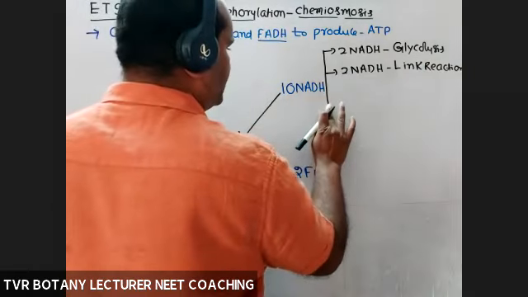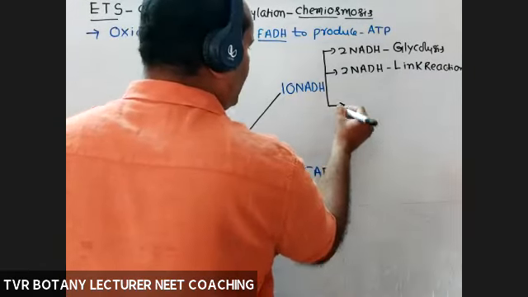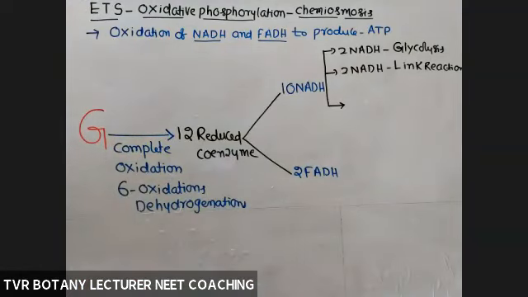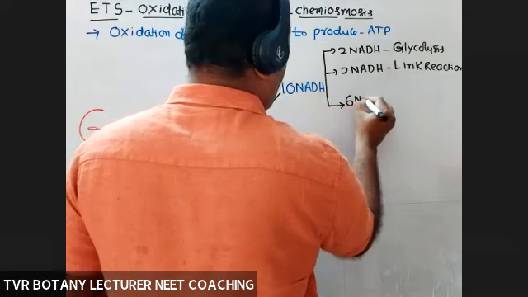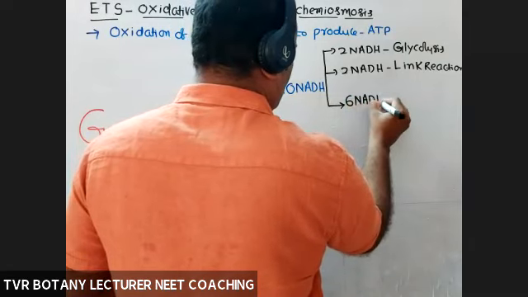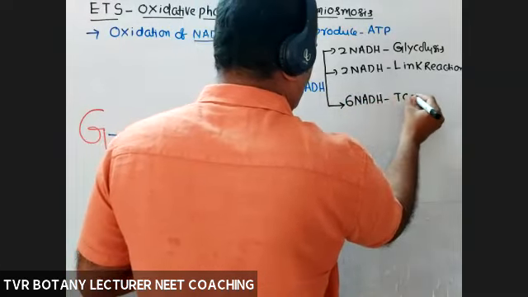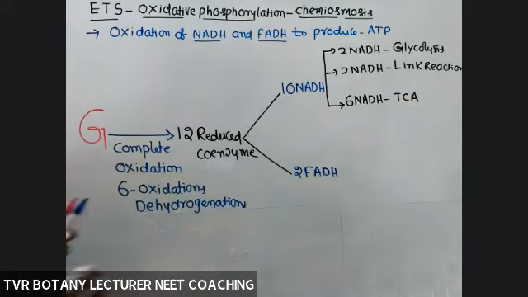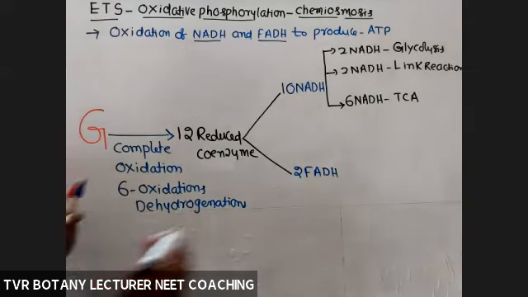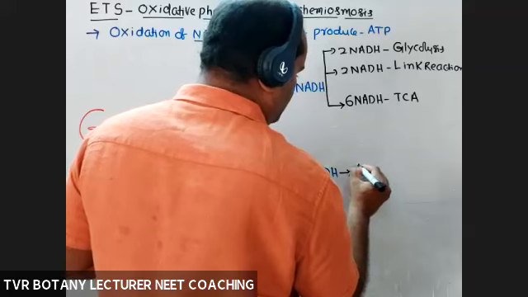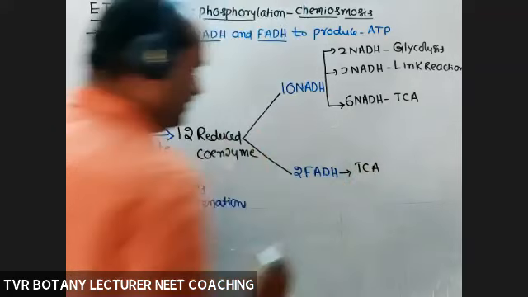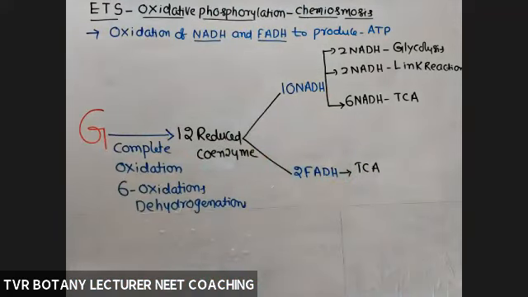Okay. Next. Remaining how many? 6 molecules of NADH from the TCA cycle. Per turn, 3 NADH and 1 FADH from the TCA cycle, 2 turns. Okay, so this information is made.